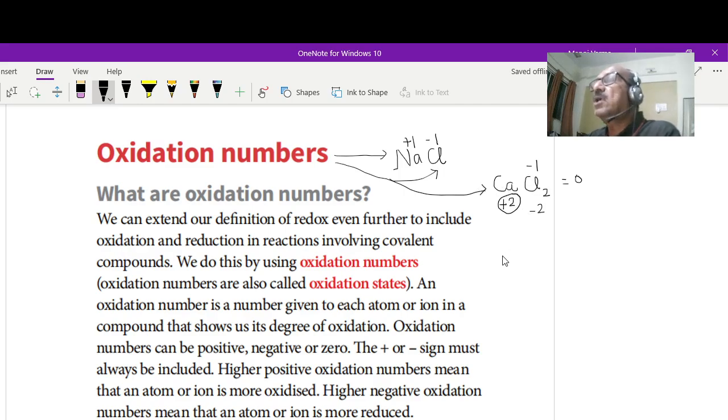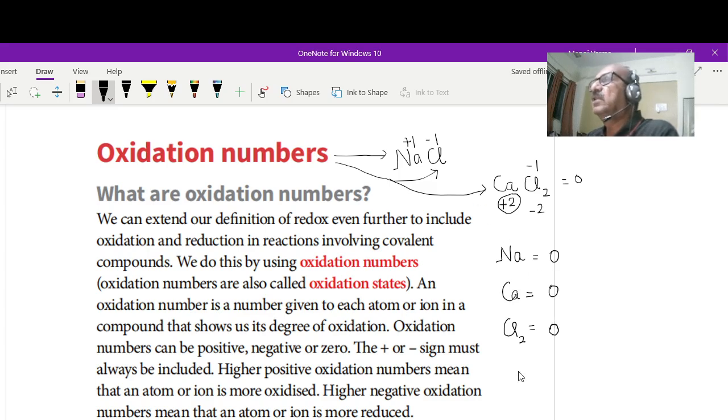Now when it is not combined, for example if it is only sodium, or just calcium, or just chlorine, then it is easy to understand that it has no charge, because the number of protons is equal to the number of electrons and there is no loss or gain of electrons. So whenever the element is in the free state, not combined with any other element, the oxidation number for that atom is taken to be 0.